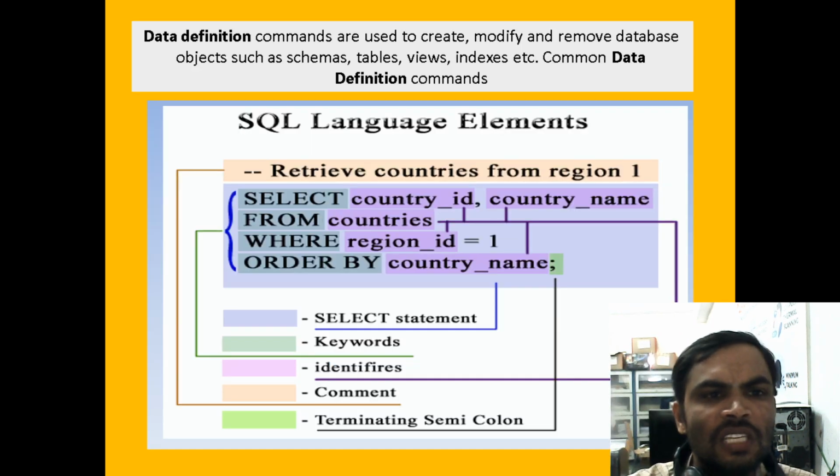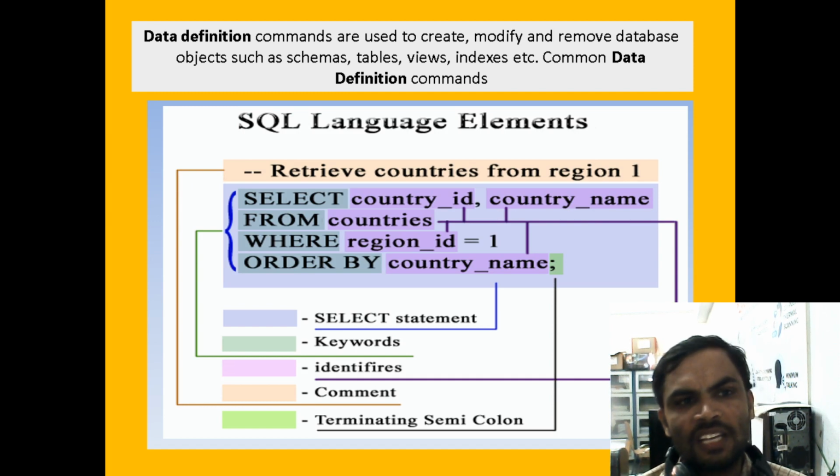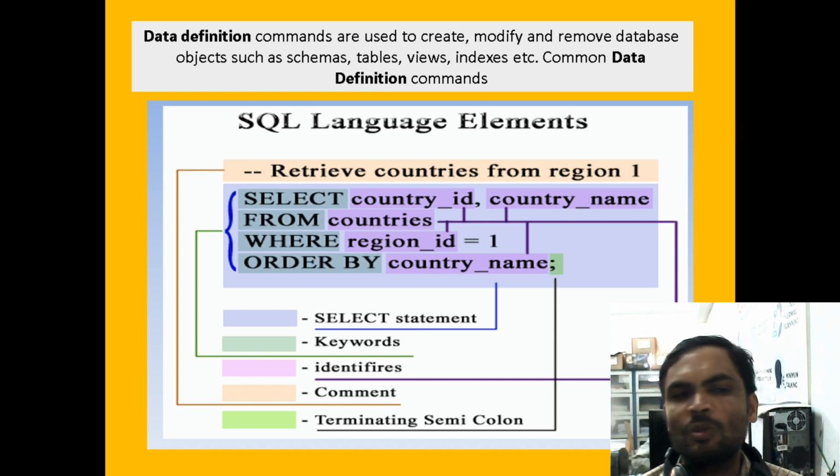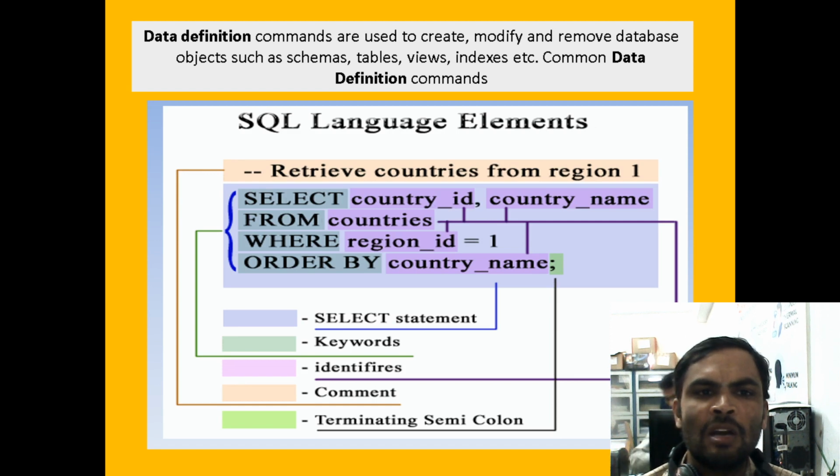Now, before going to the structure of an SQL query, what is data definition? Data definition means commands used to create, modify, and remove data objects such as schemas, tables, views, indexes, etc. We are calling that data definition.